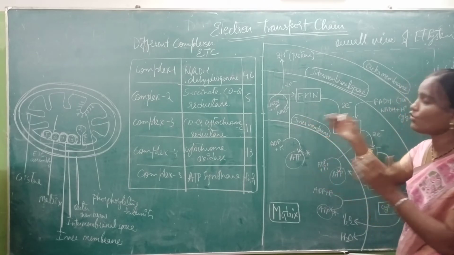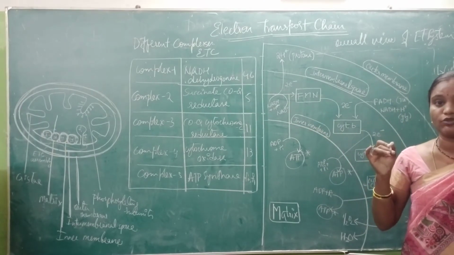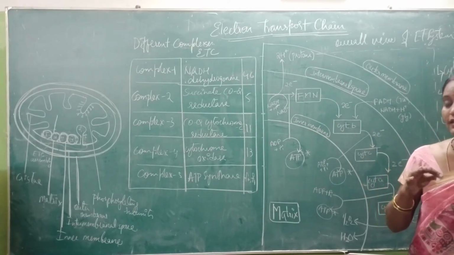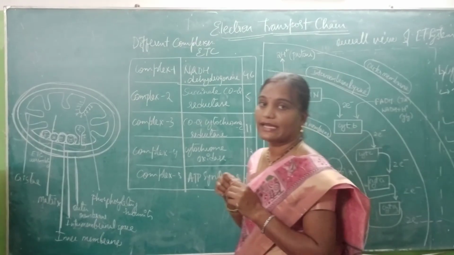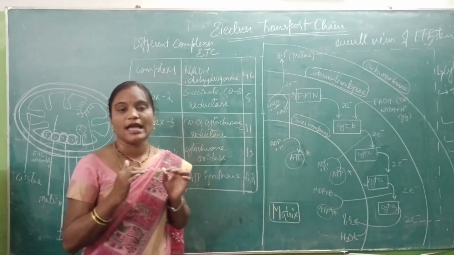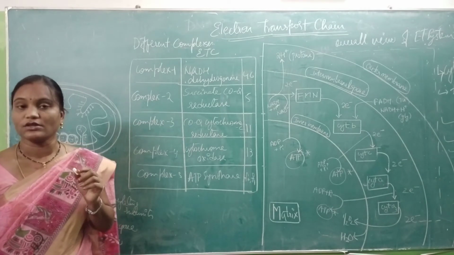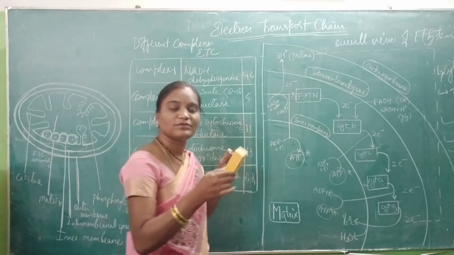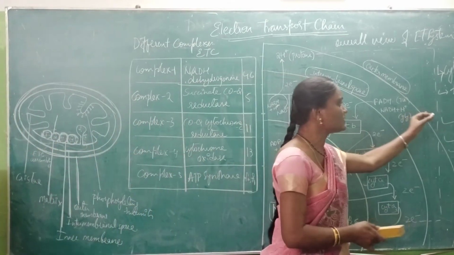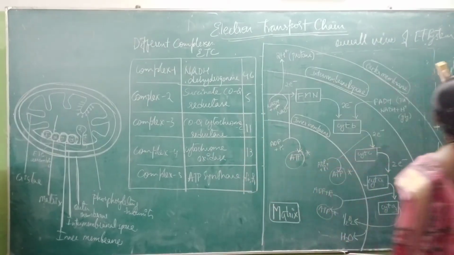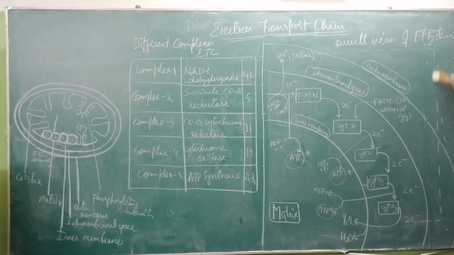Before going into the electron transport chain mechanism, there is something you should learn about, your glycolysis and your Krebs cycle, isn't it? In glycolysis, glucose is being converted into pyruvic acid.